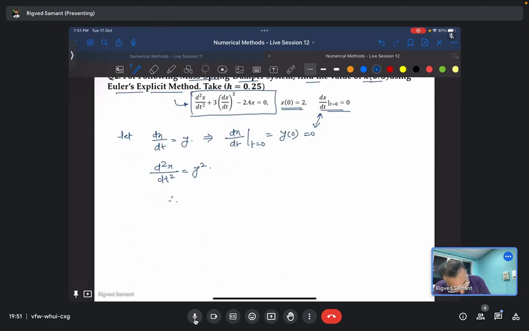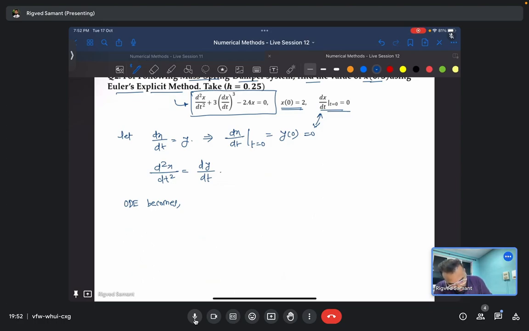So y is a dummy variable here. Therefore, what will the ODE become? Sorry, this is not y square, this would be dy by dt. This is a differential with dt, so dy by dt.